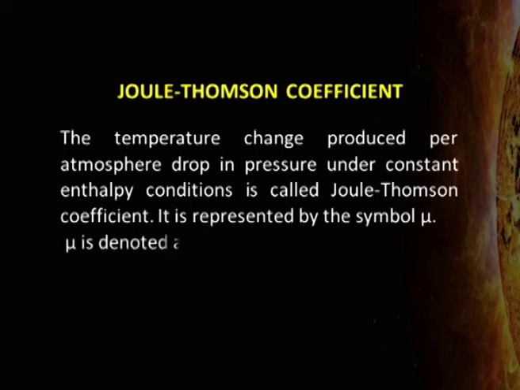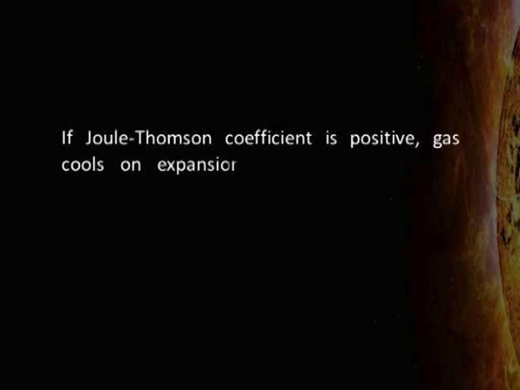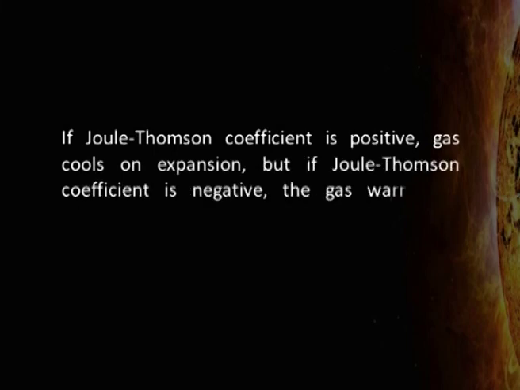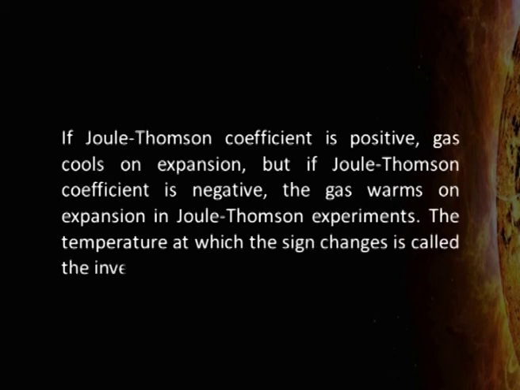Mu is denoted as dT by dP. If Joule-Thomson's coefficient is positive, gas cools on expansion, but if it is negative, gas warms on expansion in Joule-Thomson's experiment. The temperature at which the sign changes is called inversion temperature.